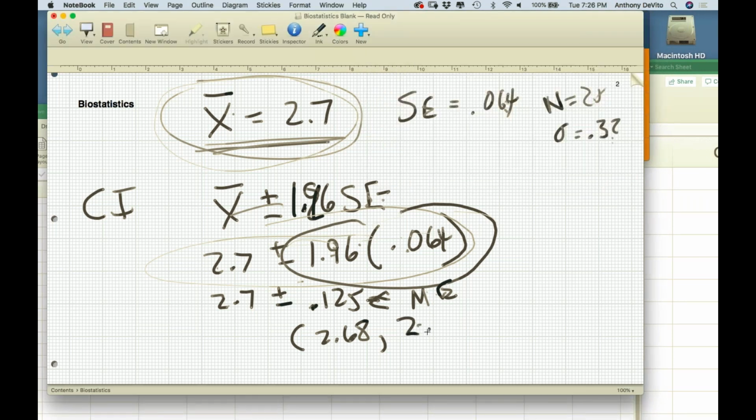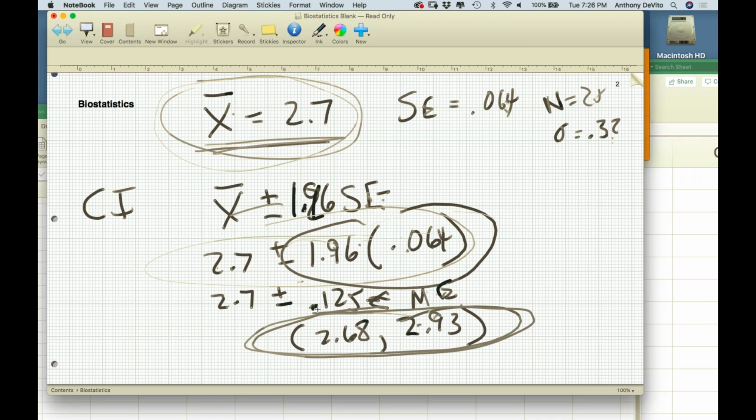So, in other words, I'm 95% certain that the true population mean is going to be between these two numbers. What I'm really saying is that there's a 95% probability that I will have captured the true population mean between these two numbers.